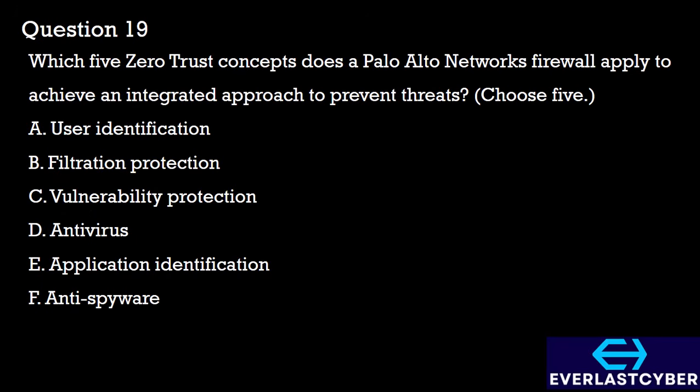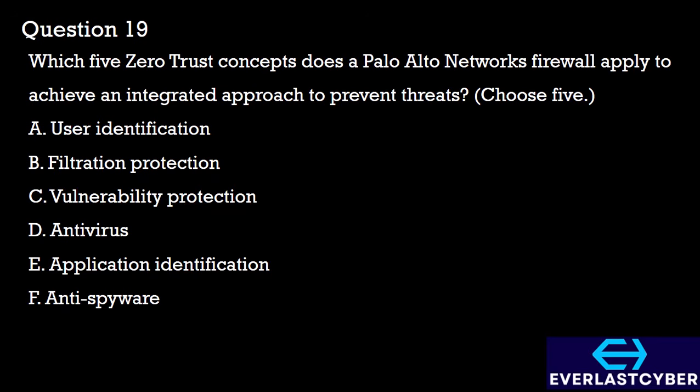Question 19. Which 5 Zero Trust concepts does the Palo Alto Networks firewall apply to achieve an integrated approach to prevent threats? For this, we'll be choosing 5 out of the 6 options. A. User identification. B. Filtration protection. C. Vulnerability protection. D. Antivirus. E. Application identification.